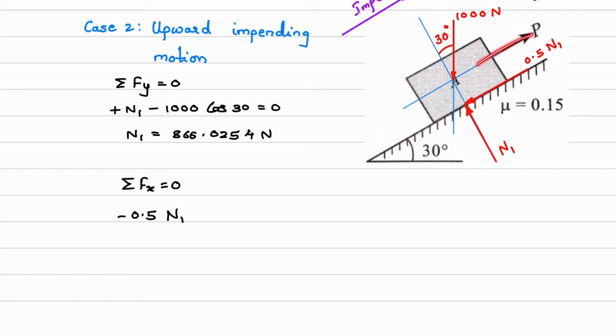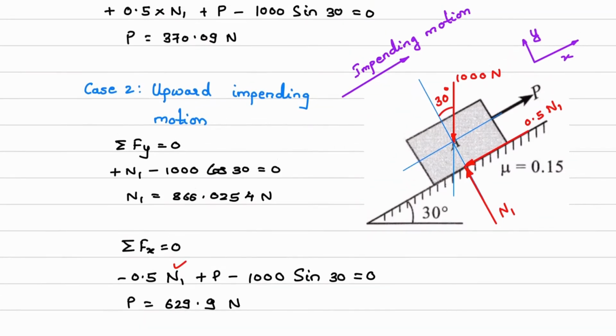P is towards right, so plus P, and the weight x component is towards left, so minus 1000 sine 30 equal to 0. Now here we have the value of N1, so substitute the value of N1, and we will get P. Now P is equal to 629.9 Newton.